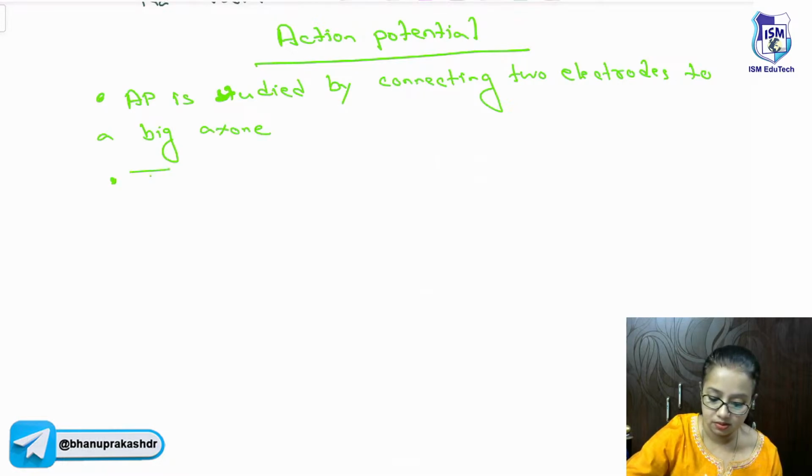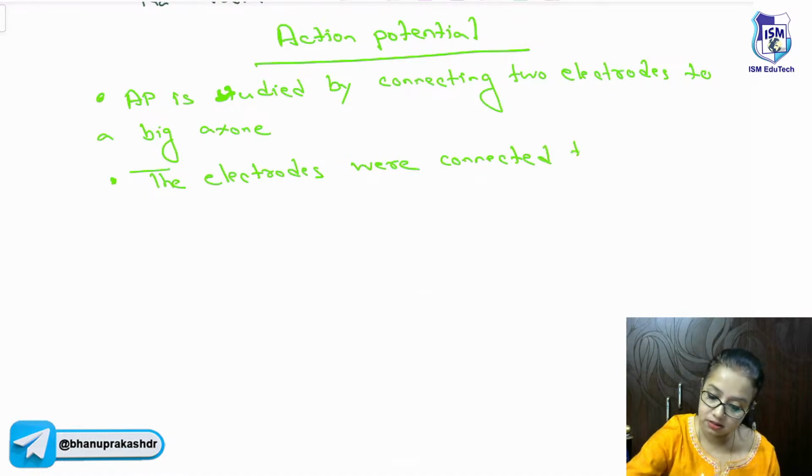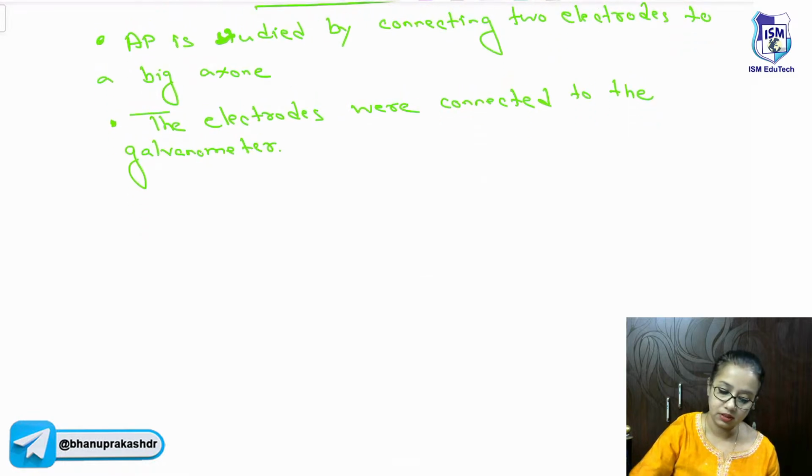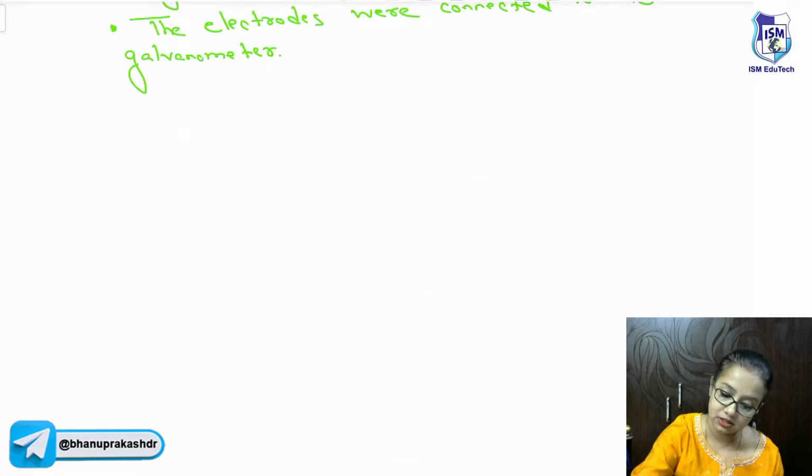Then the electrodes were connected to the galvanometer. Now, upon stimulation, through the deflection, the change in the difference in the charges, this action potential is detected. So, how does a typical action potential look?